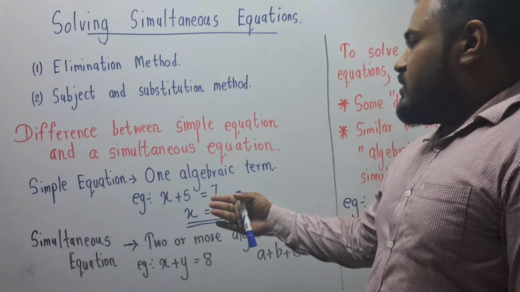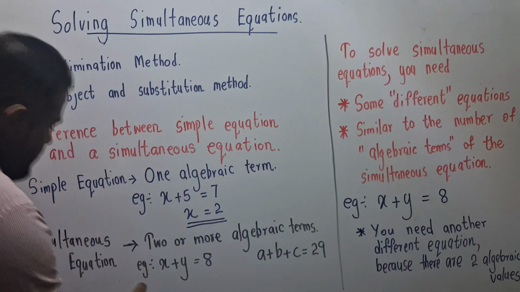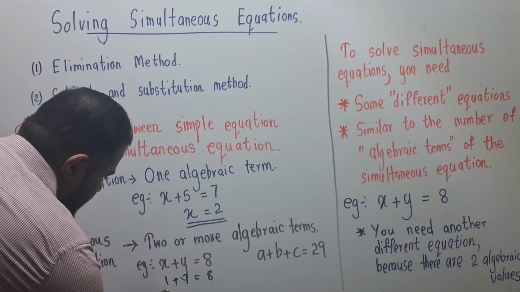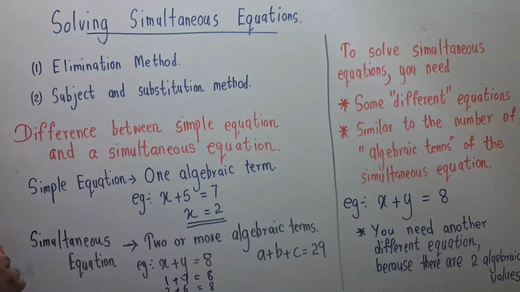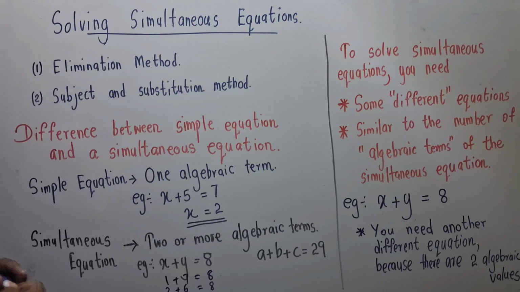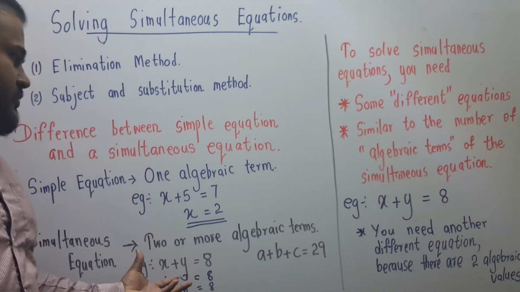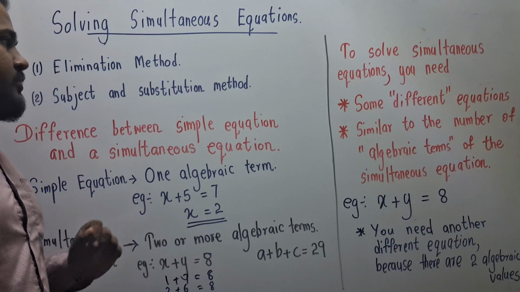Why can this equation not give the exact value at once? Because I can write 1 plus 7 is 8, and I can write 2 plus 6 equals 8. I can write many values. So I cannot solve simultaneous equations at once because they may have different values.